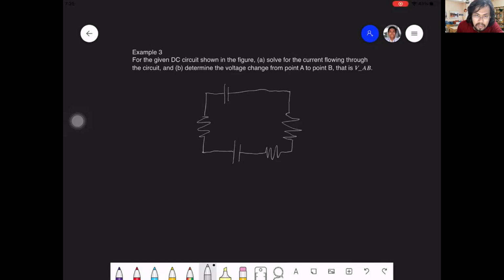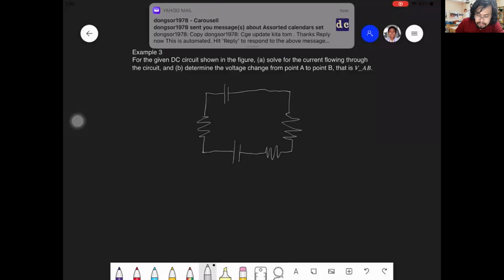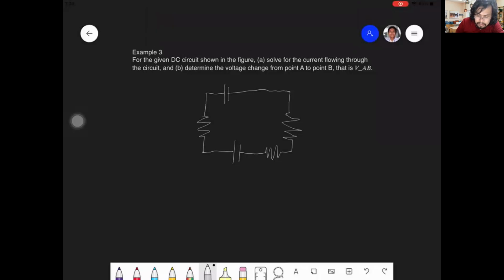And based on the drawings, they have different direction of the flow of the current, since we have a positive sign over here and another positive sign over there.